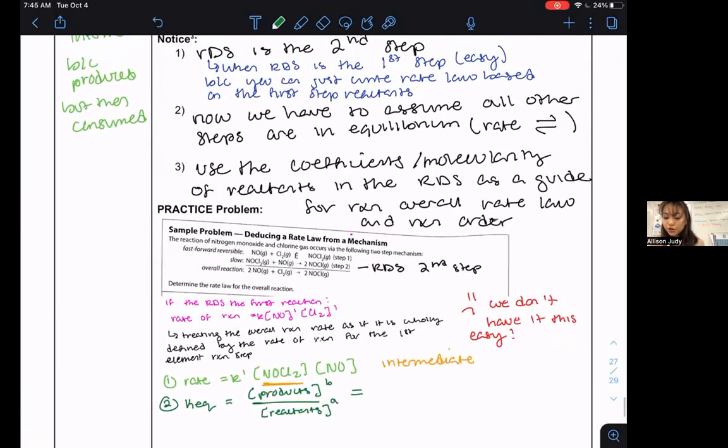Remember, when we don't have the rate determining step as the first step, we have to assume that all other reaction steps are in equilibrium. So their rates become insignificant to us. All we need to assume is that they're still reacting at a reasonable rate, not affecting the overall reaction rate dramatically.